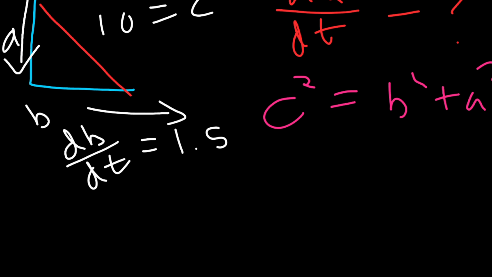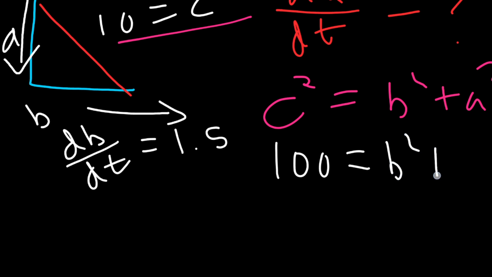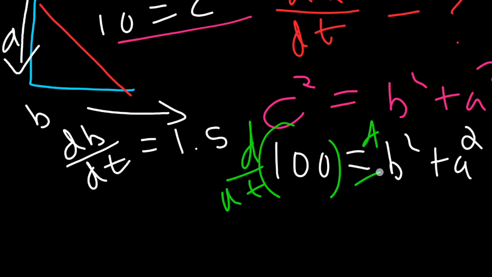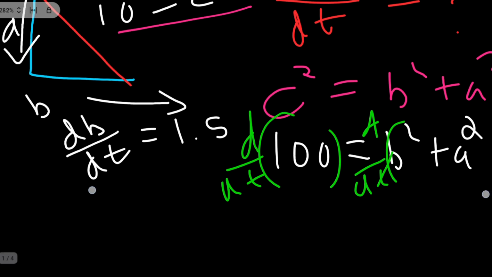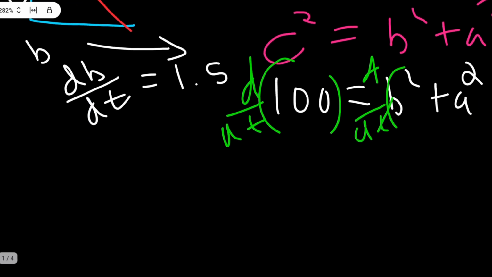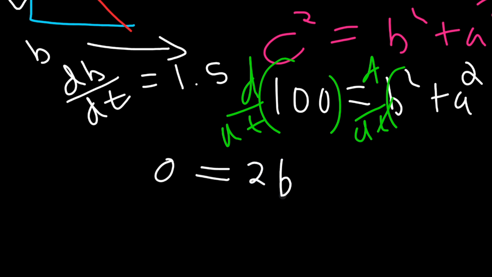But before, it already gives us a constant, so we can plug that in. Now we have 10 squared, which is 100, equals b squared plus a squared. Now we can derive implicitly, d over dt in terms of t on each side, and then we're going to get 0, works perfectly, equals 2b, and then we always have to include our chain rule.